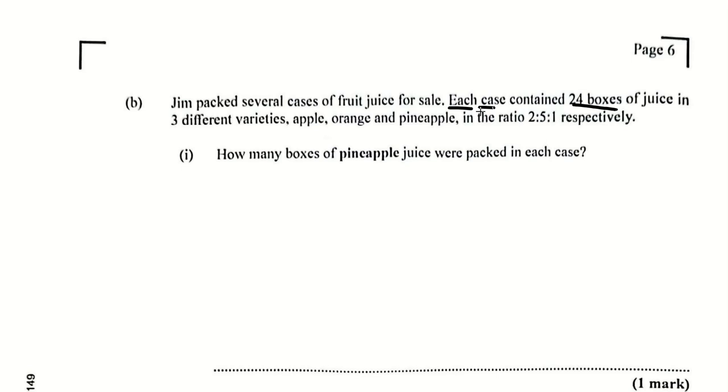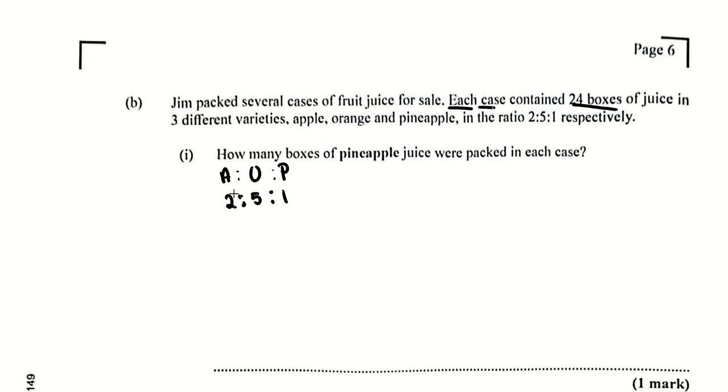Now, if you guys recall, with ratio, the order in which they give you the items is the order the ratio is in. So if they said it's apple to orange to pineapple, the ratio would be 2 to 5 to 1. So apple is 2 parts, orange is 5 parts, and pineapple is 1 part.